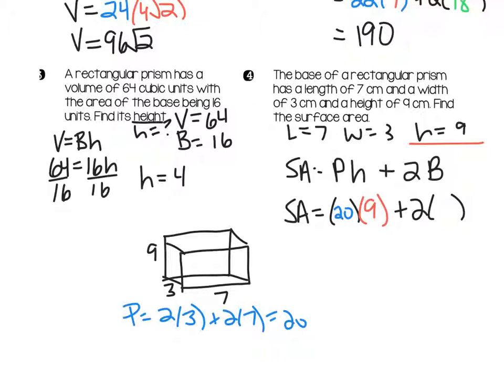And then the area of my base is 3 times 7, which is 21. And once I simplify that, I get that my surface area is 222.